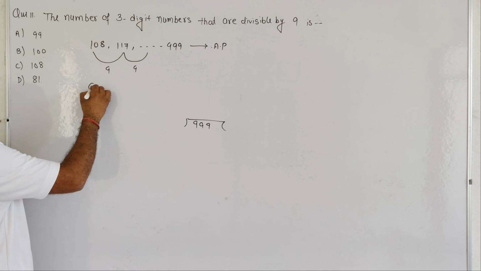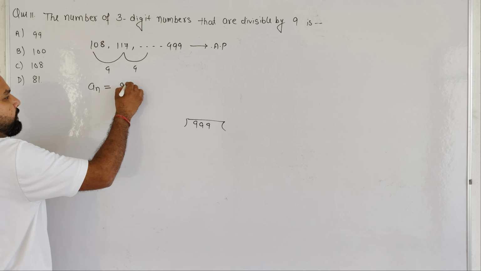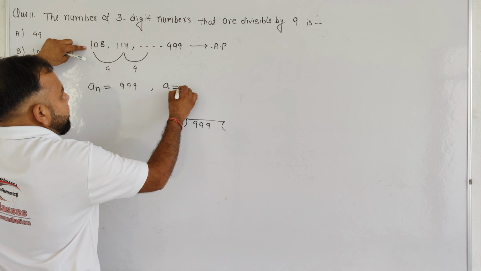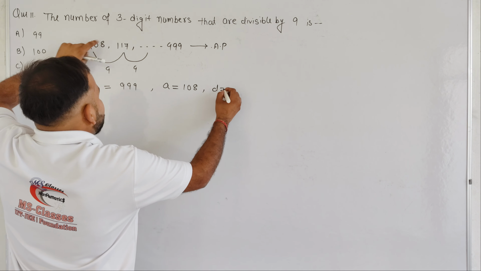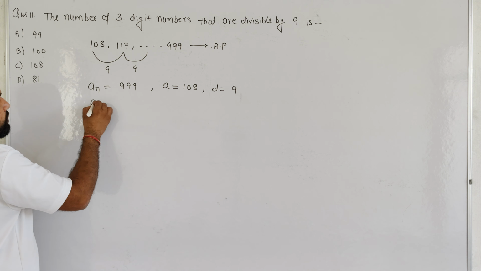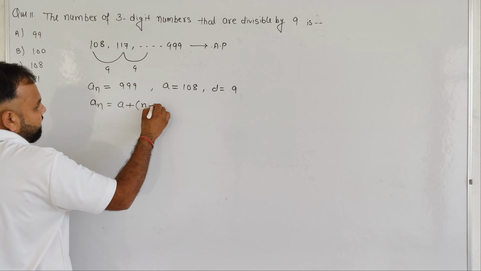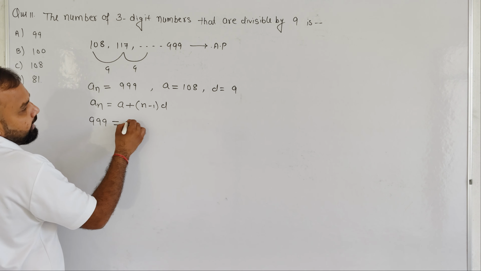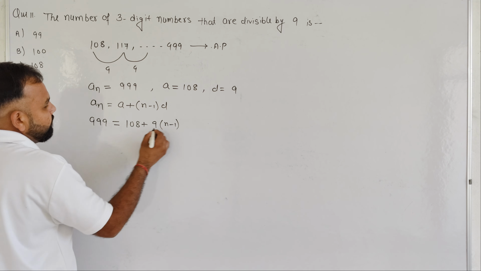So let us consider this is the nth term of this AP. In that scenario the first term a is 108, and d, the difference between consecutive terms, is 9. For the nth term in an AP we write a plus (n minus 1) times d. So a_n is replaced by 999, and we get 999 equals 108 plus 9 times (n minus 1).